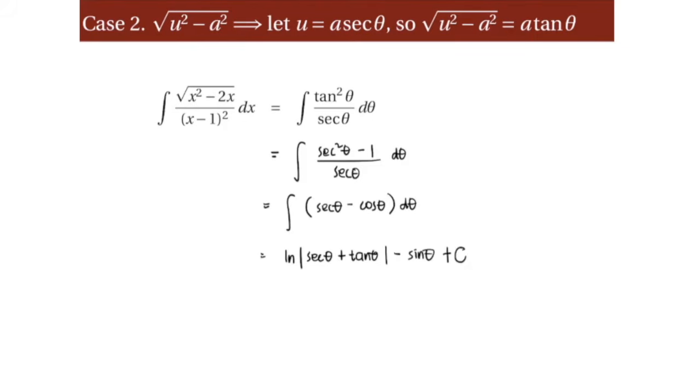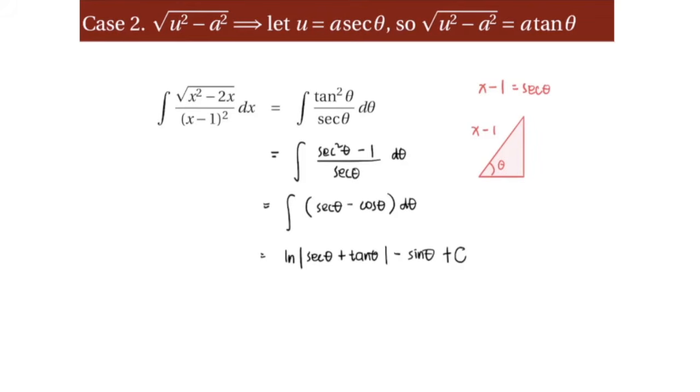And so we revert this now back to x. Again, our substitution from the previous page would be x − 1 equal to secant theta. And so using a right triangle, oops, it is not right. There, now it looks more like a right triangle. If this is our angle theta, secant would be the hypotenuse, x − 1, divided by the adjacent.